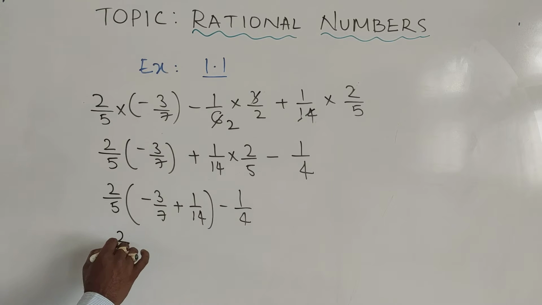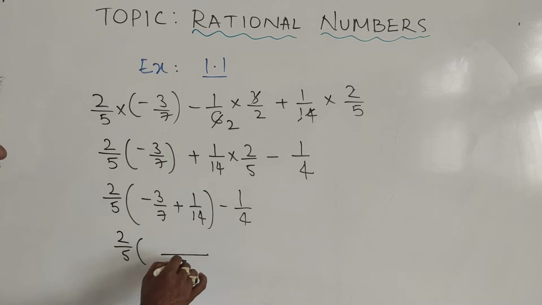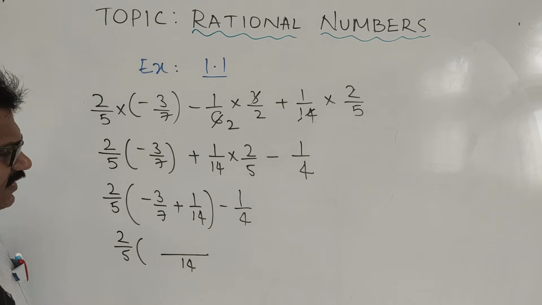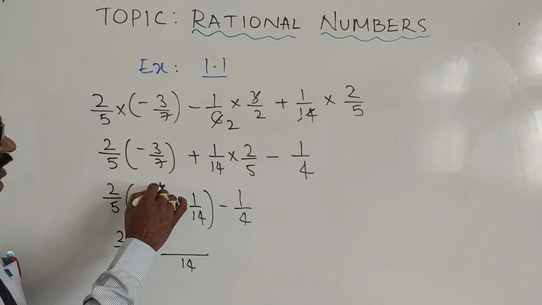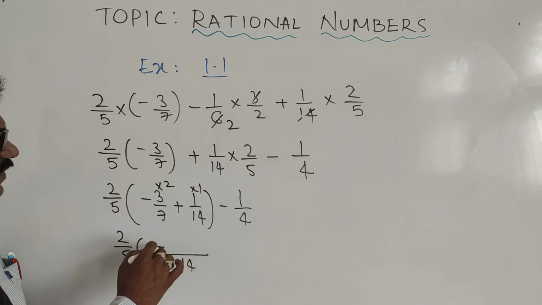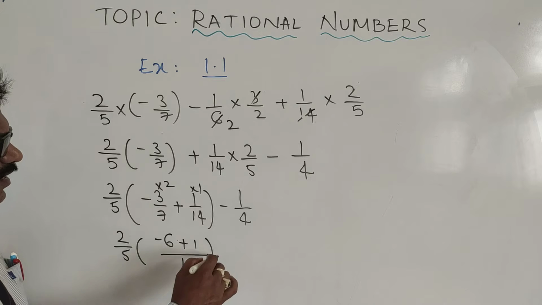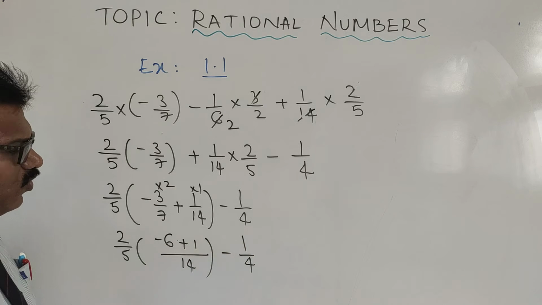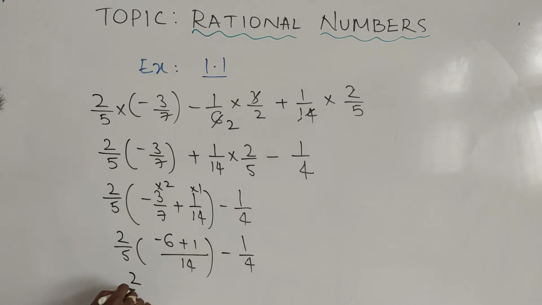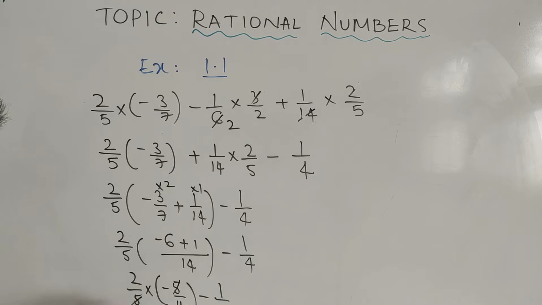Now what is the LCM? 14 is the LCM, 7 into 2 times, 14 into 1 time, therefore minus 6 plus 1, minus 1 by 4. Now again 2 by 5 multiplied by minus 5 by 14 minus 1 by 4, plus 5 cancels, 2 ones, 2 sevens.